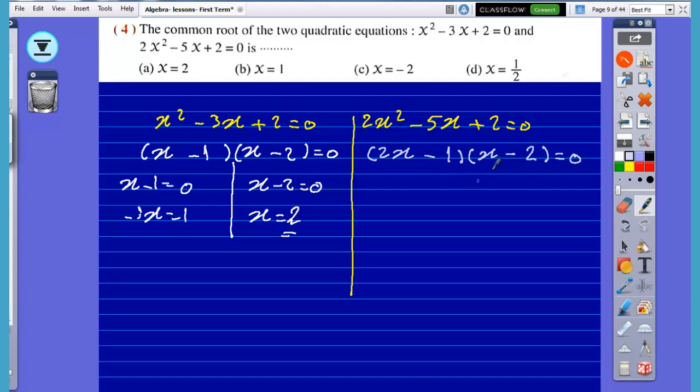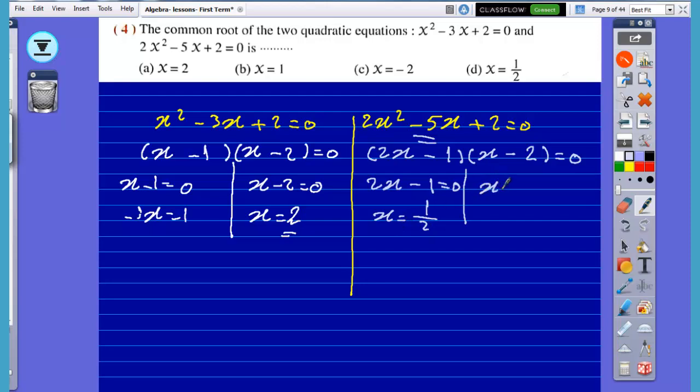Here we have negative 1, the product of the means, plus negative 4, the product of the extremes, equals negative 5. So here we have the right factorization, and then we have 2x - 1 = 0. It means x equals 1 over 2, positive half.